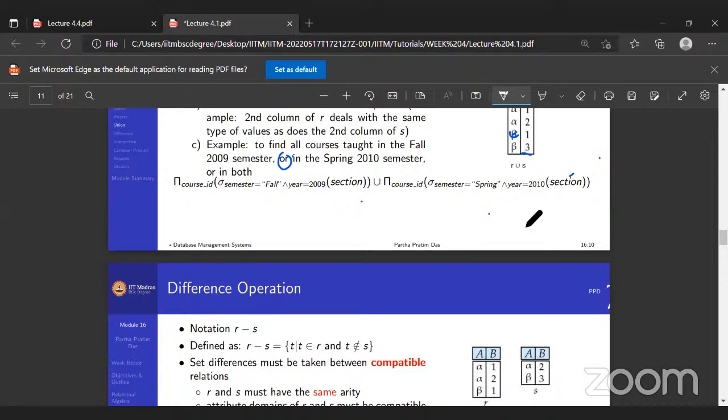Alpha 2 will be removed, because it is present in S. But beta 1 is not present there, and alpha 1 is not present in S. The definition is that the tuple belongs only to relation R but not to S. So the output is alpha 1 and beta 1.